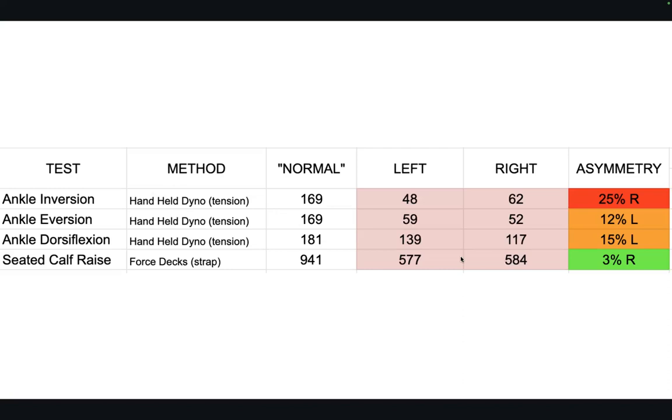But what was most interesting was the 25% deficit on her left symptomatic side with the inversion. She was getting medial arch pain, medial ankle pain, and her inversion strength, so the tib post muscle essentially, on the affected side was 25% down on the non-affected side.